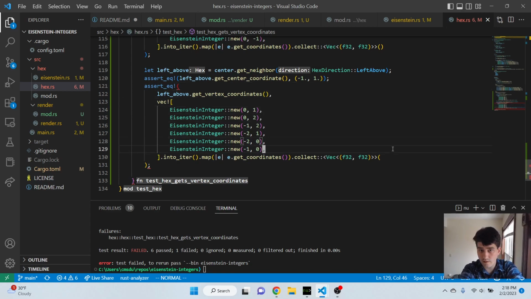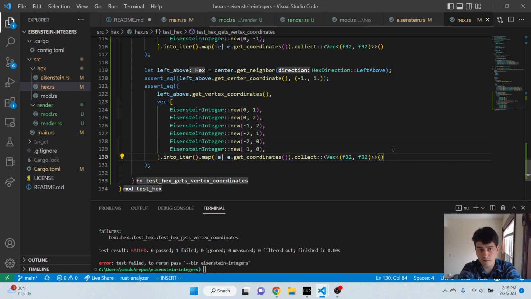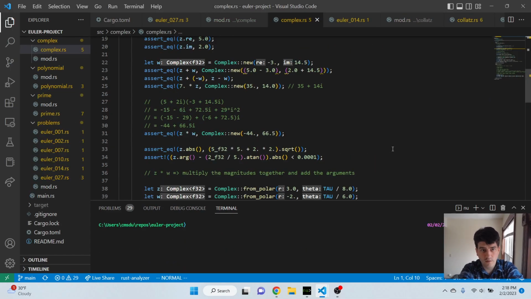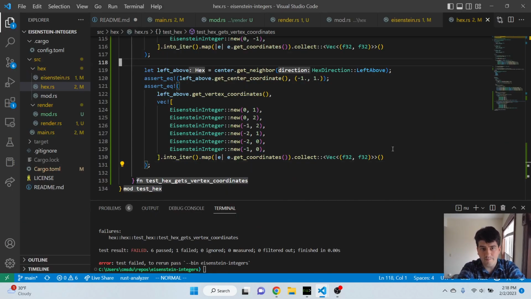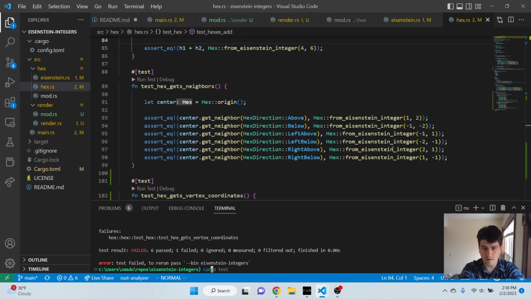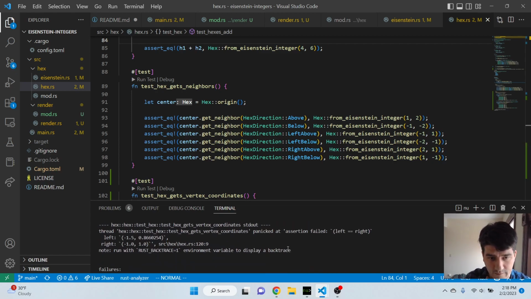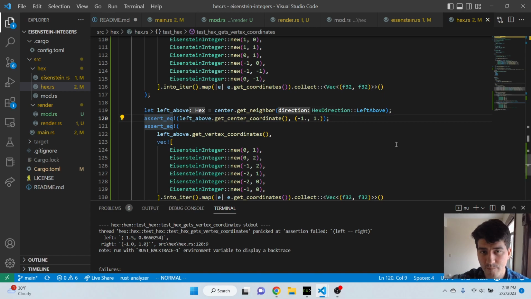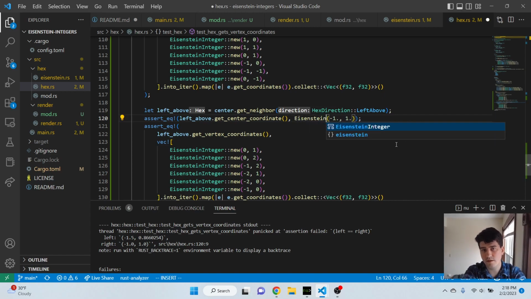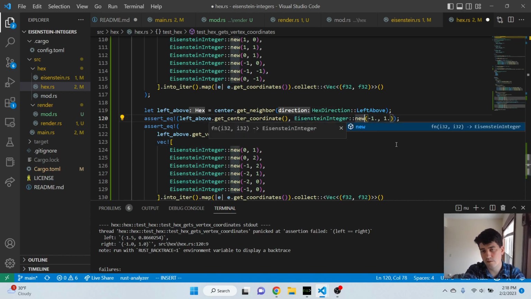And what's going on here? Okay. Still one failure. Get center coordinates. Yeah, I mean, this should be Eisenstein integer new.